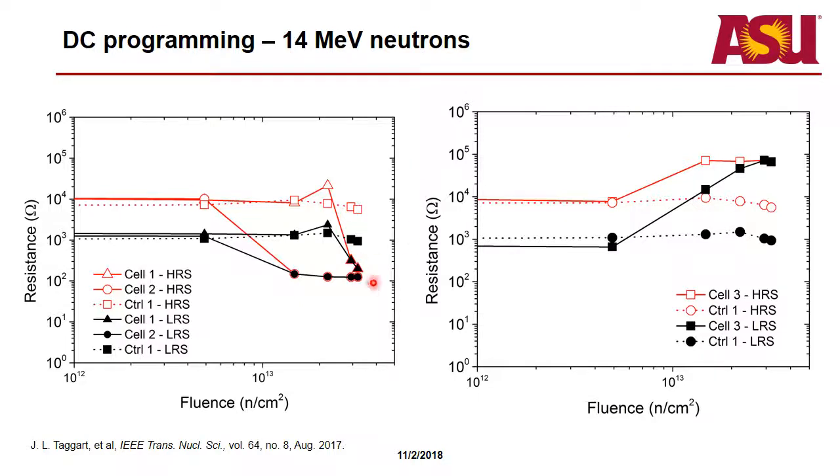The one interesting thing, though, is that one of these devices failed into a high resistance state, instead of falling to the low resistance state like in the ion test. It didn't matter how high a voltage we tried to apply to program the device afterwards. We couldn't get that filament to form once it failed into the high resistance state like this.